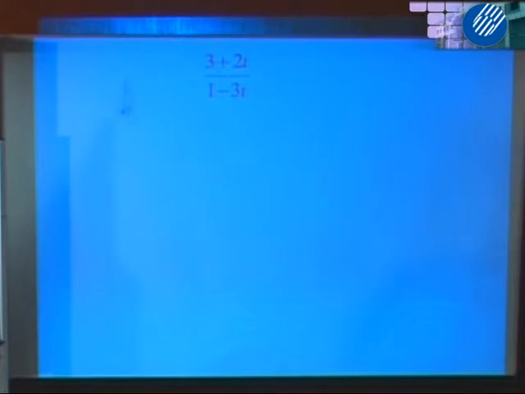In order for us to solve, we take that value and multiply with the conjugate of the denominator. Take note, 1 minus 3i is the denominator. The conjugate is 1 plus 3i. So I multiply in both the numerator and denominator.